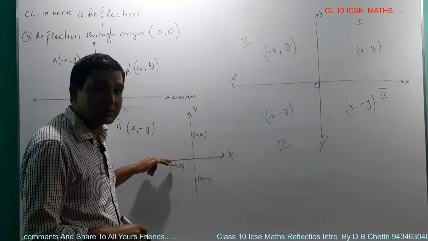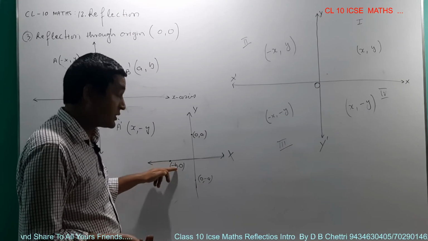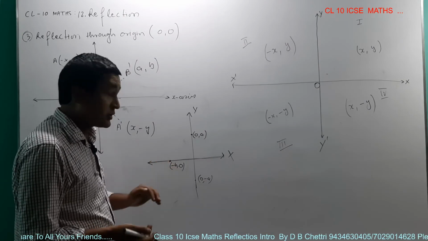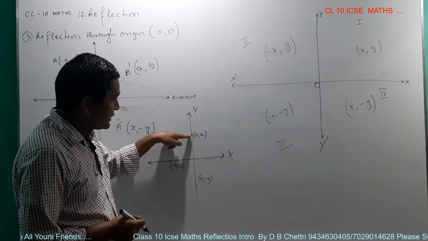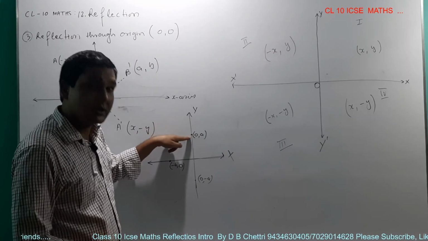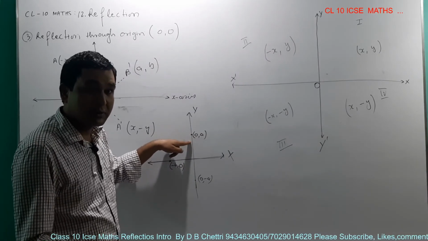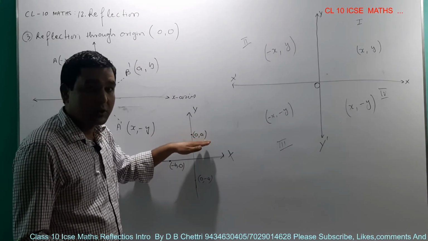Then the coordinates of the image remain the same, because the image does not change. That's why this point is called an invariant point when it's reflected through the same axis. The point on the y-axis, reflected through the y-axis, keeps the same coordinates for the image. That's why it's called an invariant point.